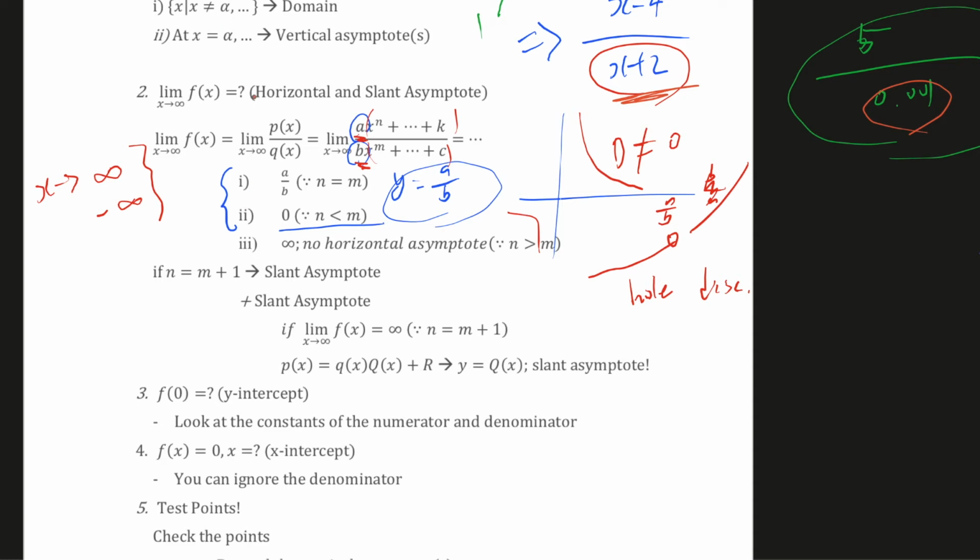And this is going to be a little easier for you to understand if you know the concept of limit expression.